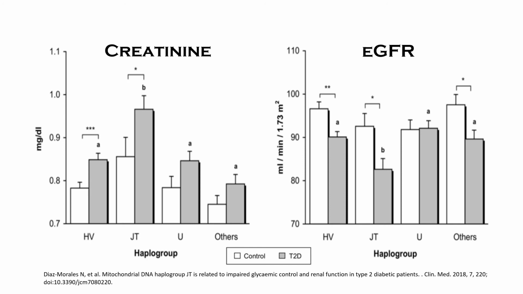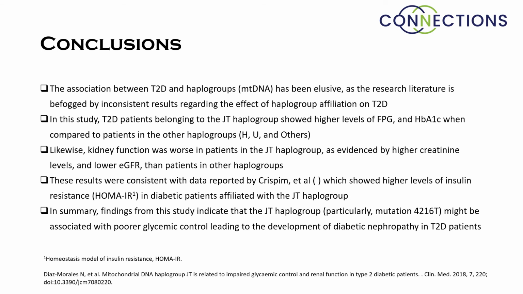So, what conclusions can we reach from this study? According to the researchers, the association between type 2 diabetes and haplogroups has been elusive, as the research literature is obscured by inconsistent results regarding the effects of haplogroup affiliation on type 2 diabetes.